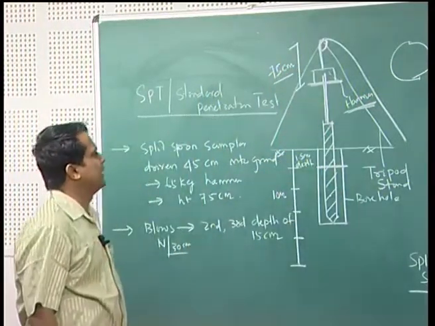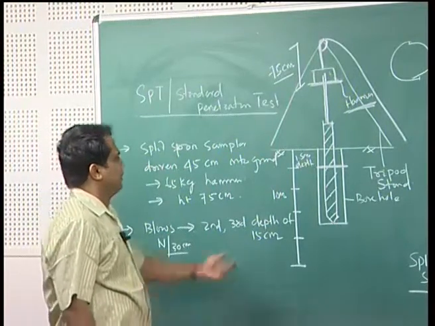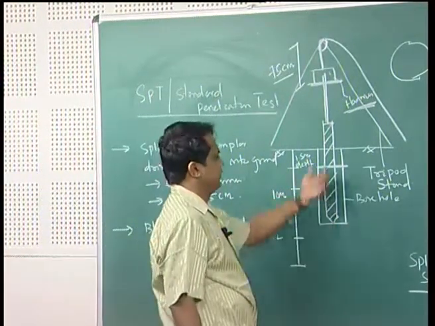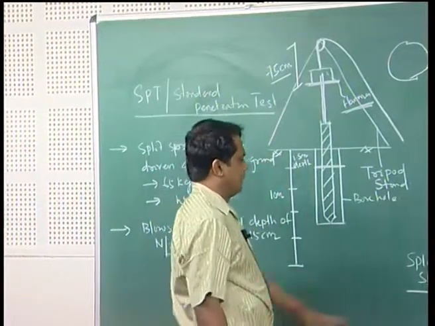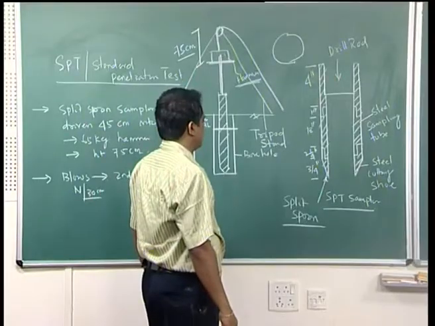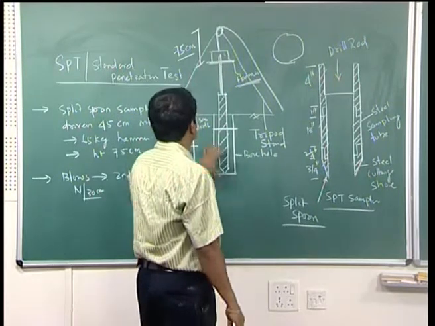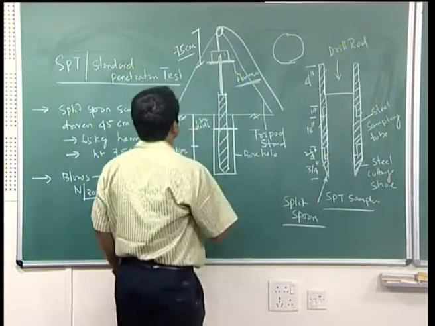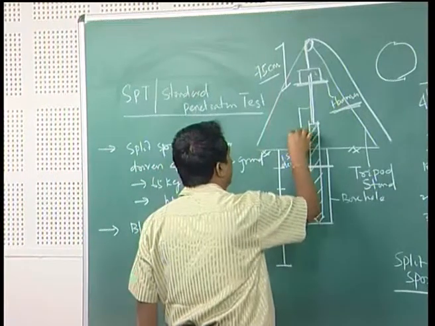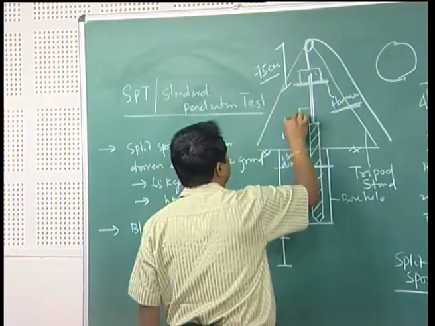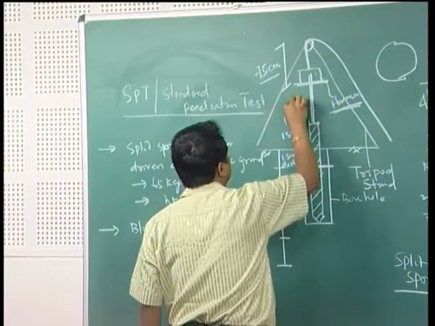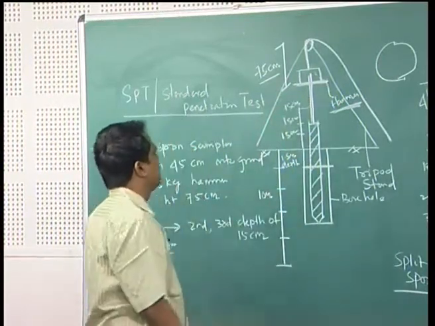What happens? First you make the borehole, then with the help of a tripod stand you place your split spoon sampler, or SPT sampler, in position. Then on it you mark with a scale 15 centimeter, 15 centimeter, then 15 centimeter, 45 centimeter.